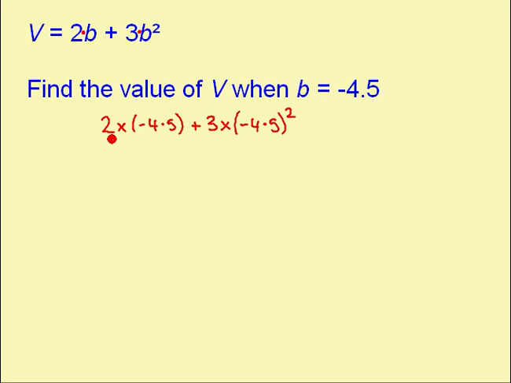When you're using a calculator, the brackets are absolutely essential so that you get the right answer. I can now type this into my calculator exactly as it appears here, and I get the answer 51.75. It's interesting to note that if you miss the brackets out, your calculator will actually give you the wrong answer.